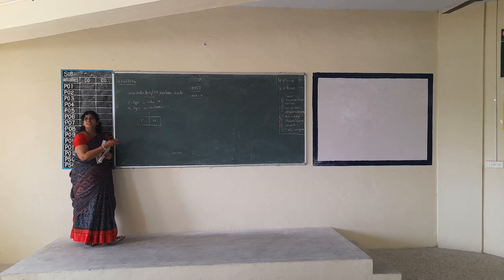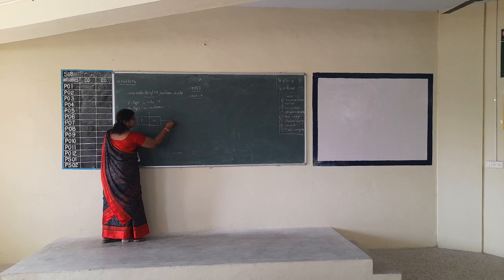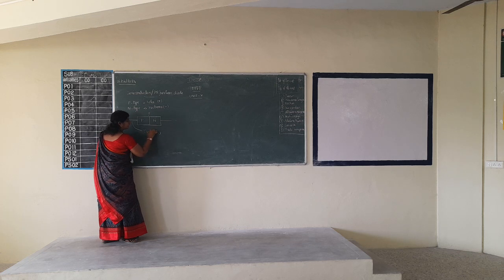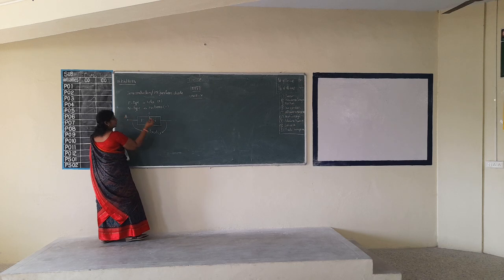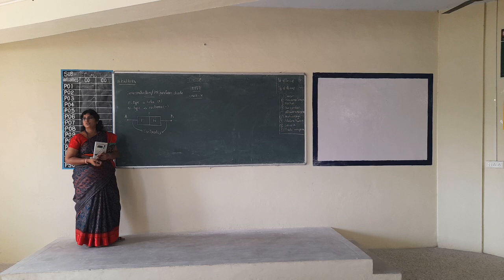To operate this as a rectifier, we need terminals. So two electrodes, metallic conductors, are connected, one across the P-type and another across the N-type. These two electrodes are called anode and cathode. A stands for anode and K stands for cathode.